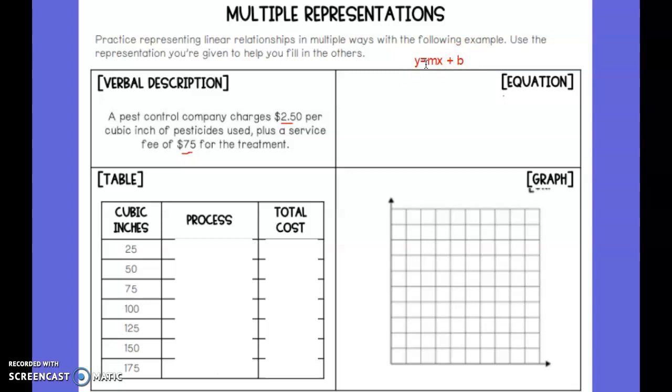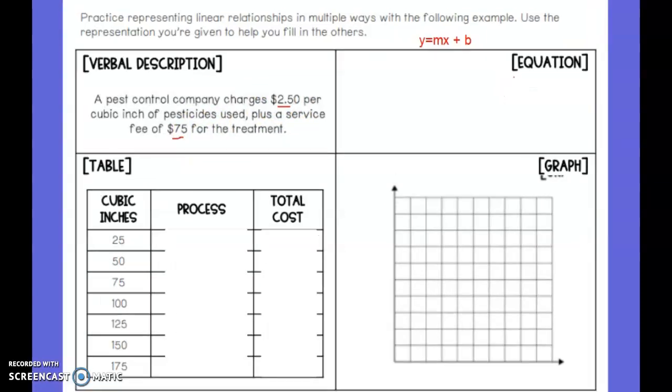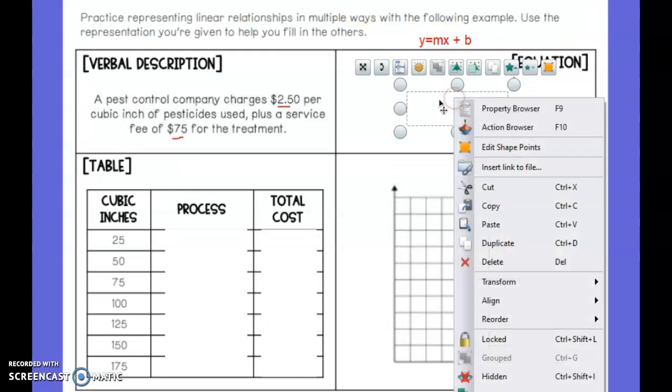In the equation, your constant rate of change is attached to your variable. In this case, $2.50 per cubic inch is your constant rate of change, and then we need to add the $75 treatment fee.